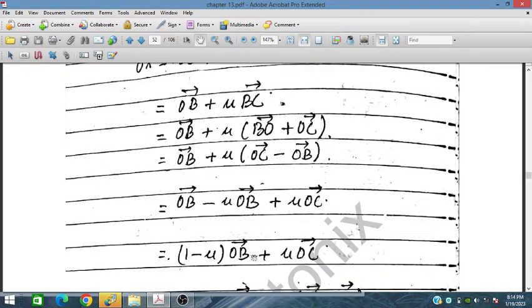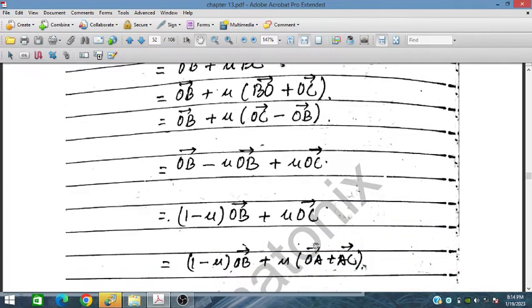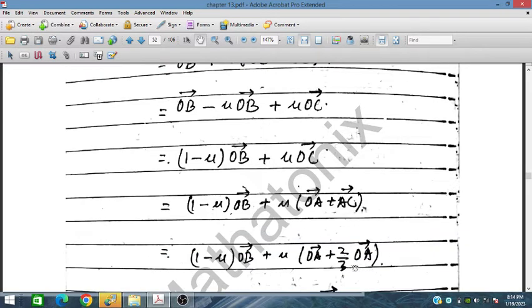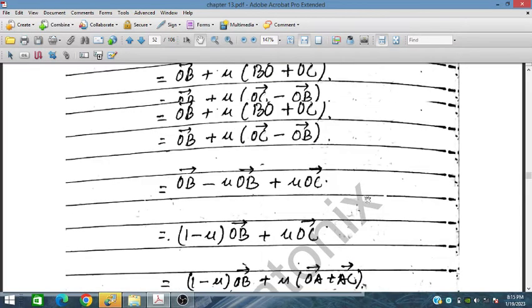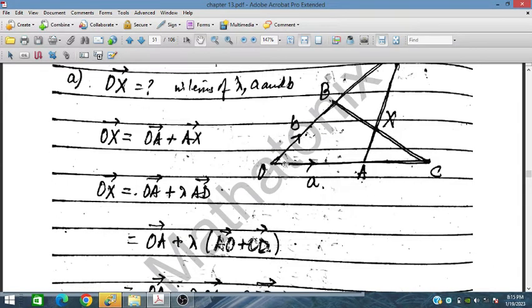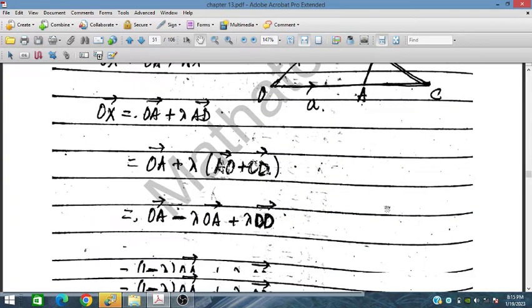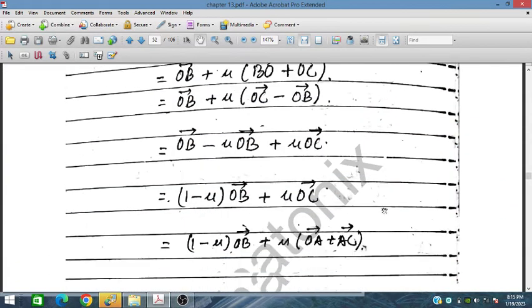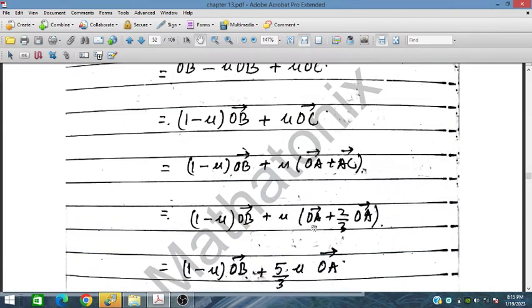So this is (1 minus mu) OB plus mu OC, and OC can be written as OA plus AC. OC is basically OA plus AC, and AC is given as 2 upon 3 OA.